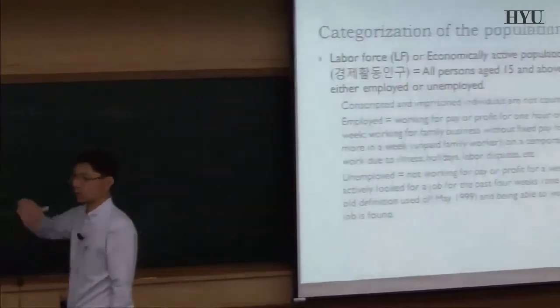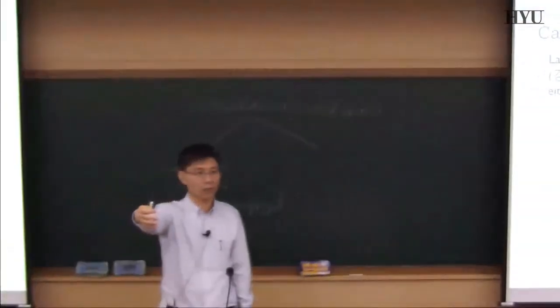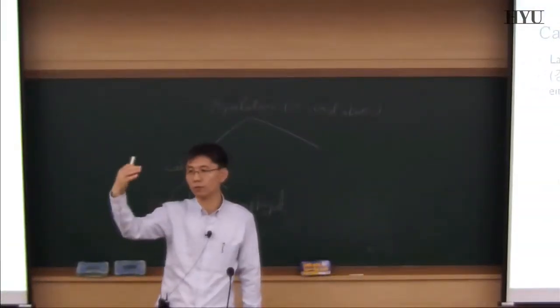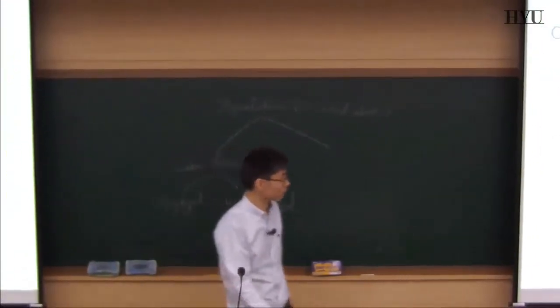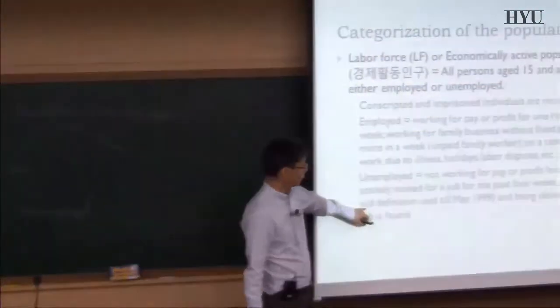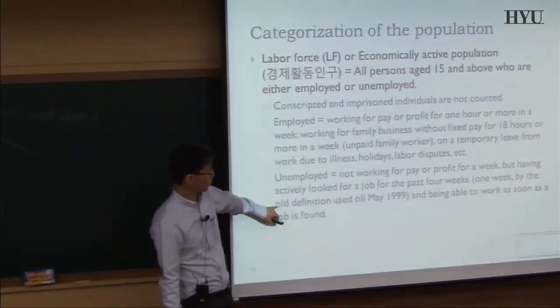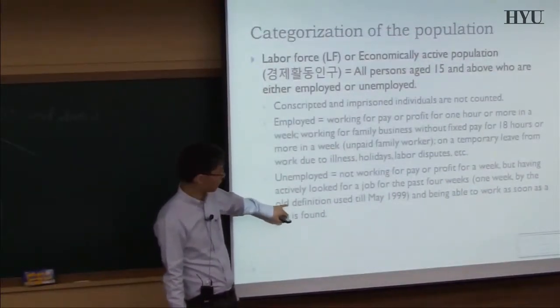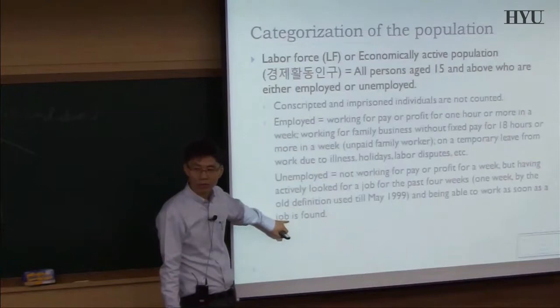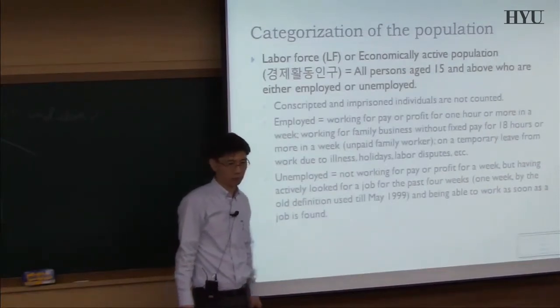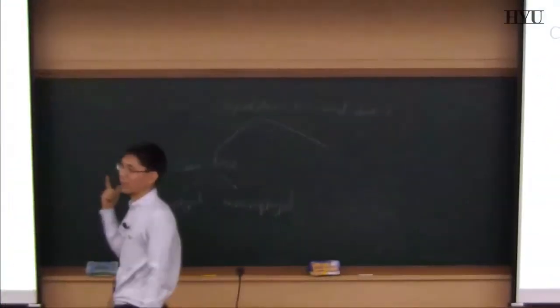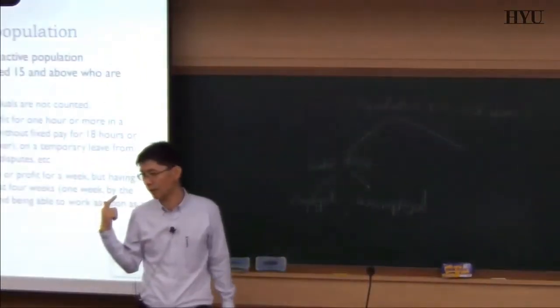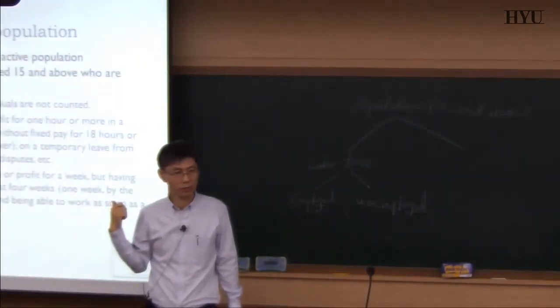So if the person is not employed, then we check whether this person actually looked for a job for the past 4 weeks. Okay? And not only that looked for a job, but also being able to work as soon as a job is found. So this person is looking for a job and ready to work. Okay? So that's unemployed. Okay. Questions?